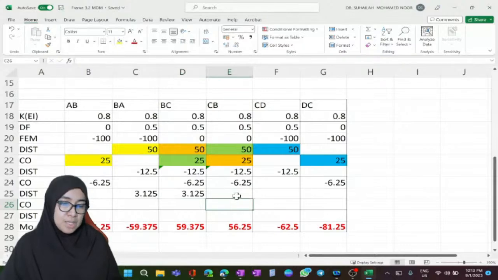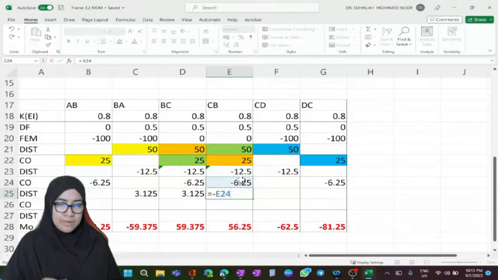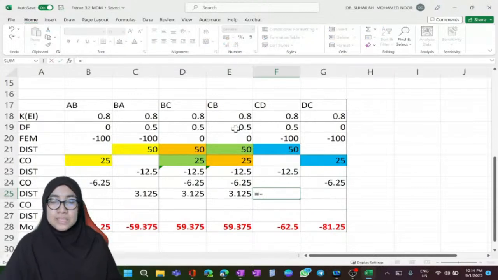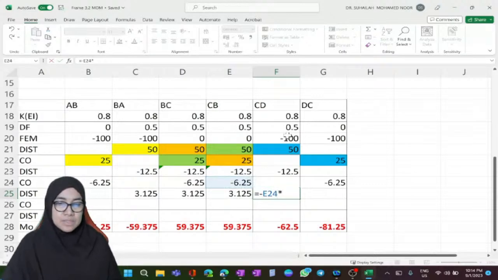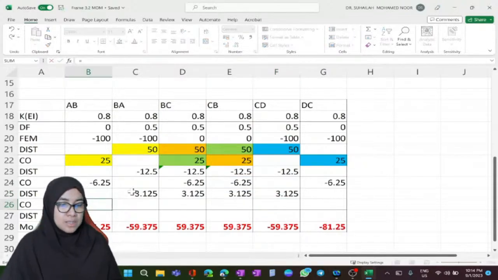Okay, 6.25 times with 0.5. Okay, and doing the same process again and again. 6.25 times 0.5. Okay, carry over. We carry the value again.